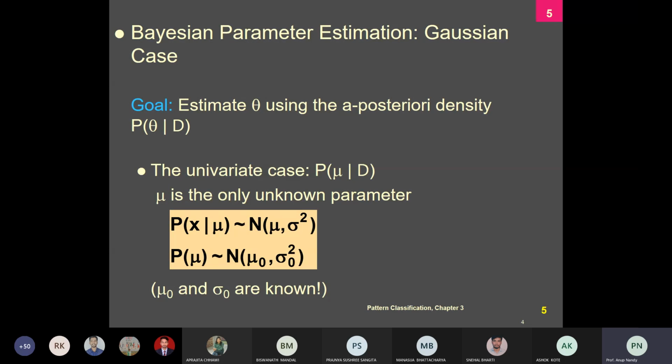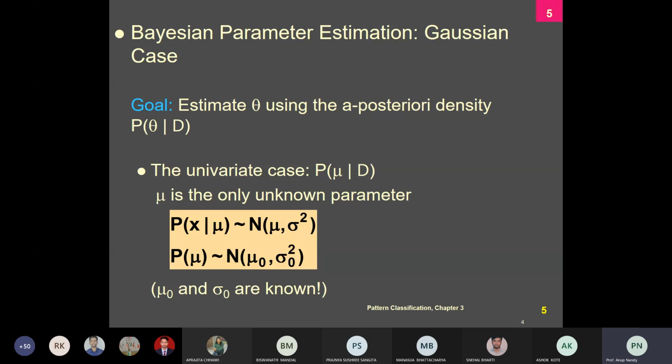You can assume that any prior knowledge you have about mu can be expressed by a known prior density, P(mu).